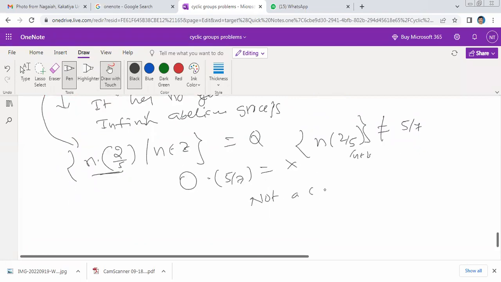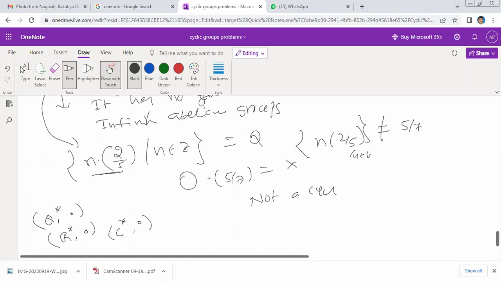Not a cyclic group. In general, can you tell me about multiplication? Q star with dot, R star with dot, then C star with dot. These are important ones.